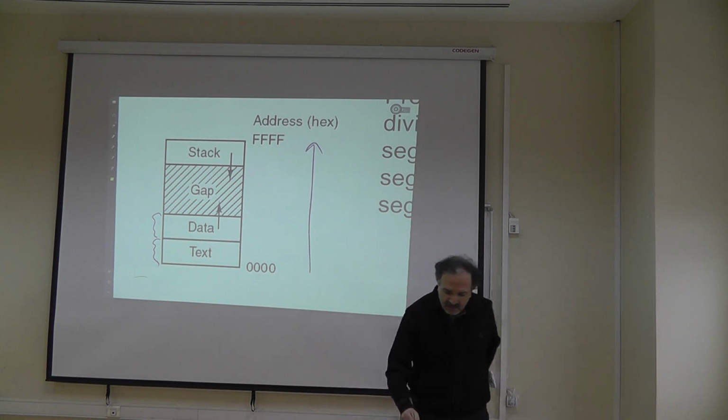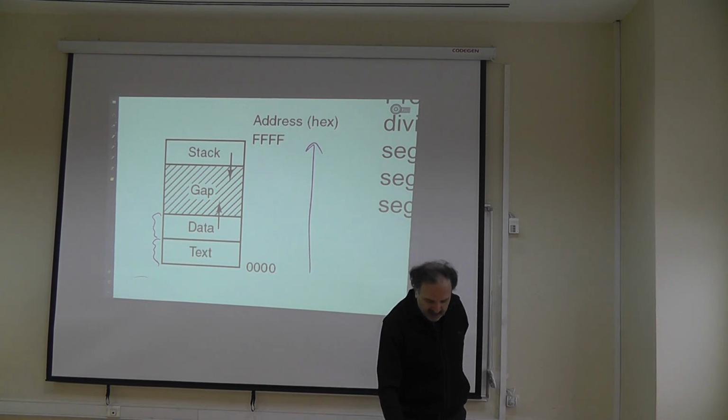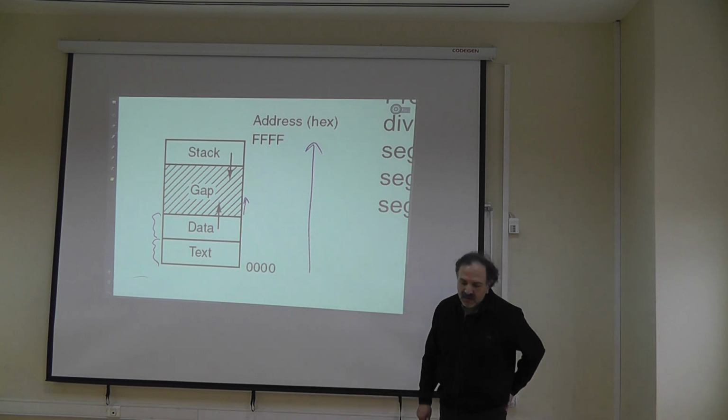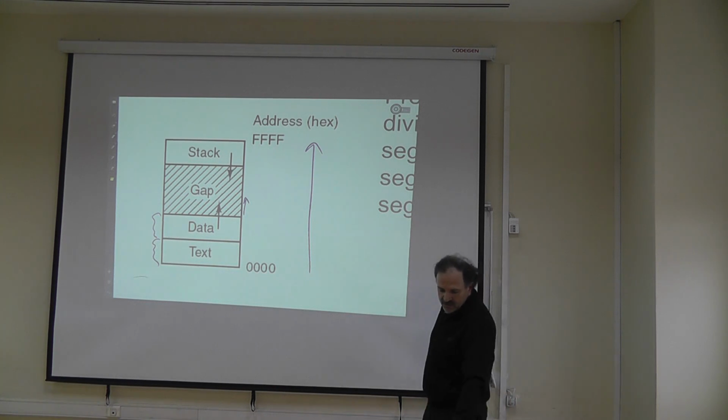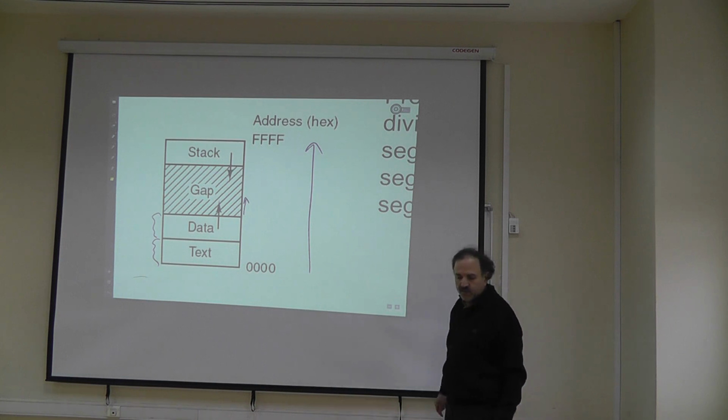When I use malloc or the new operator, I get space from this heap. And at the top of my address space, I have my stack. Stack grows downwards. If the stack grows until this point, then I have stack overflow.